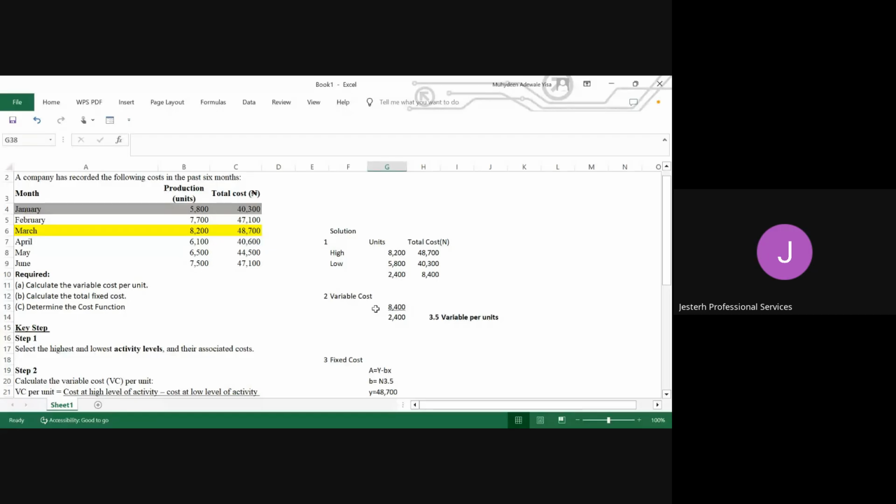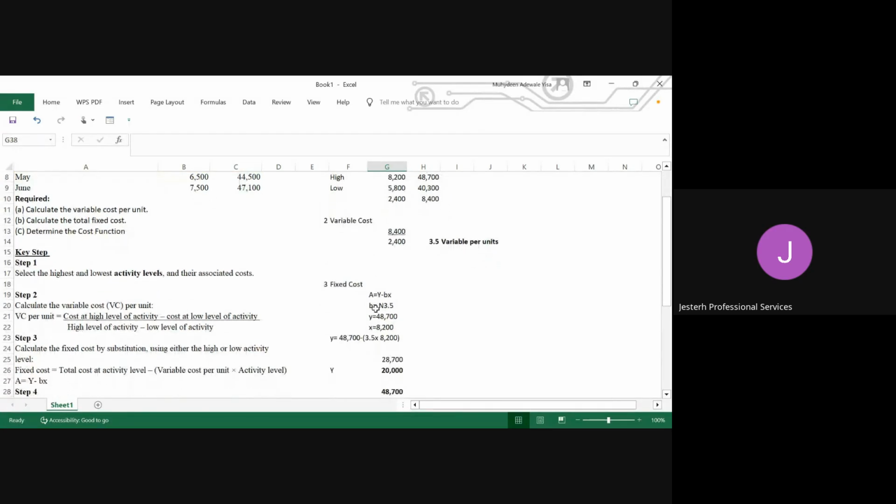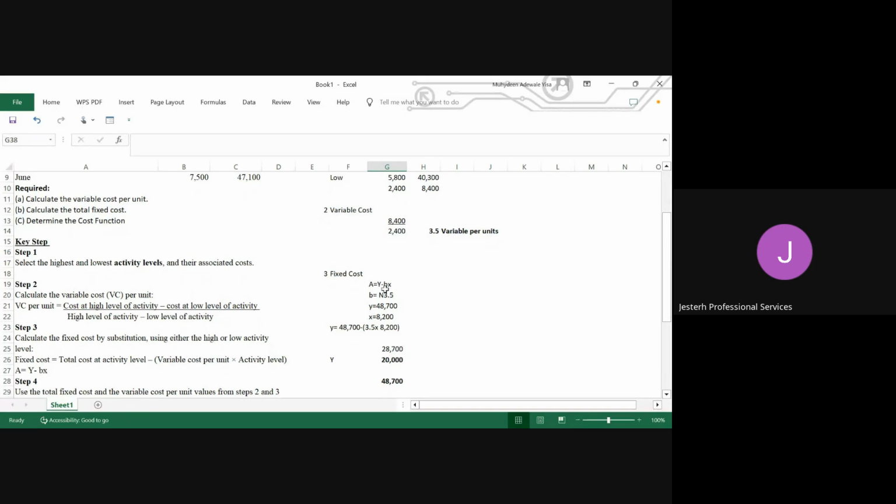Then you know the differences between those units of high and low, and between the costs associated with high and low, because that is what we are going to use to arrive at our variable cost per unit. And then the next step, once you are able to get the variable cost per unit, is for you to determine your fixed cost.